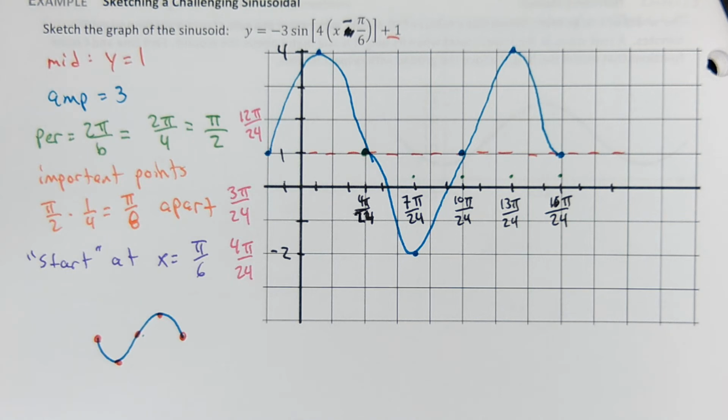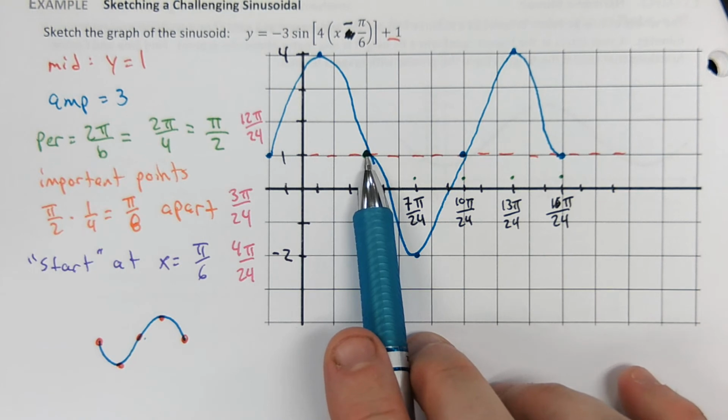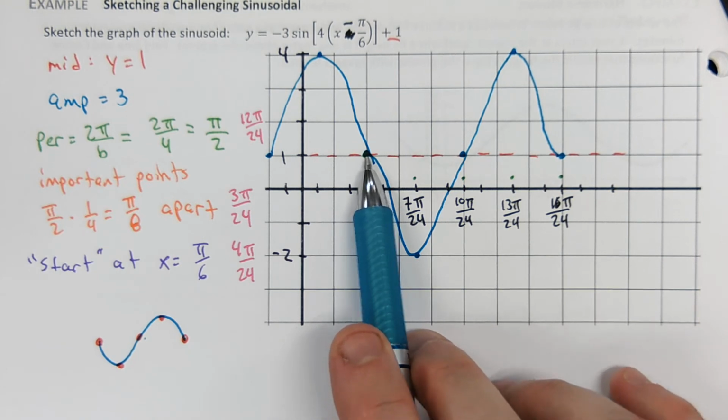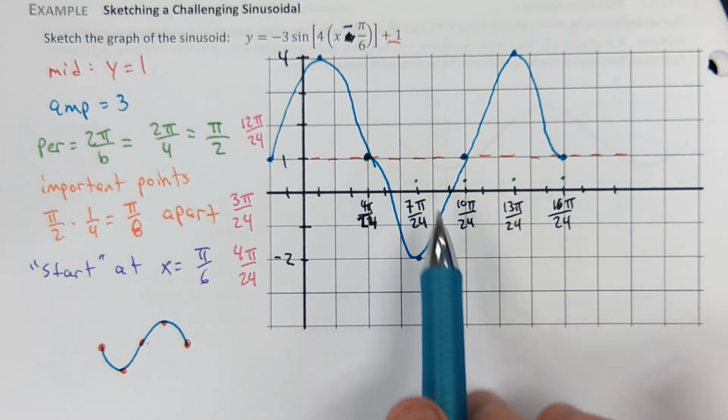There is no such thing as an actual beginning point. But if we think about the horizontal shift, what we're thinking about is where it is in relation to the y-axis. And since the sine wave is supposed to begin on the y-axis, this point would have been our beginning because it's been shifted to the right, pi over 6. But that's if I wanted to call it a negative sine wave.